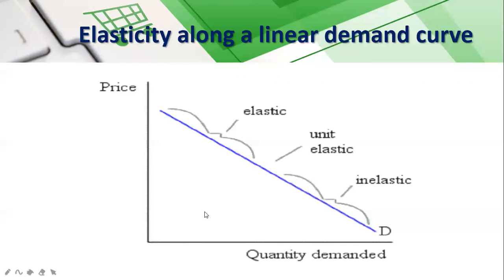So as you can see here, this is the price. This part is elastic, this is unit elastic, and this is inelastic. As I said earlier, when we say elastic, it means the elasticity of demand is greater than 1.